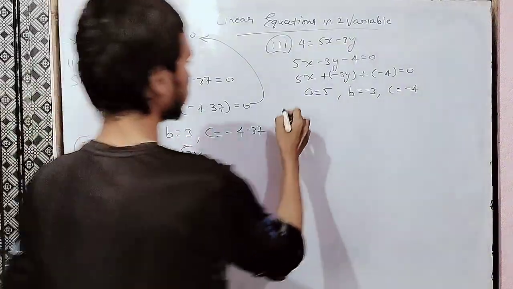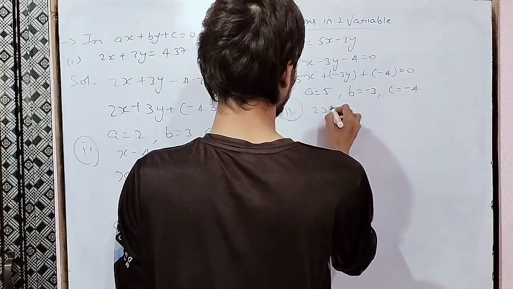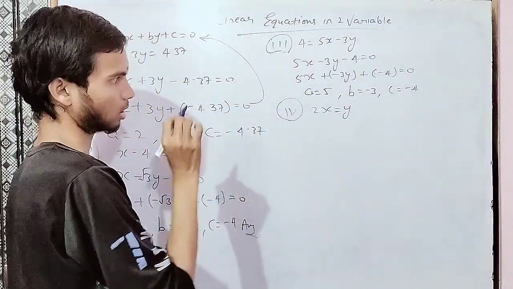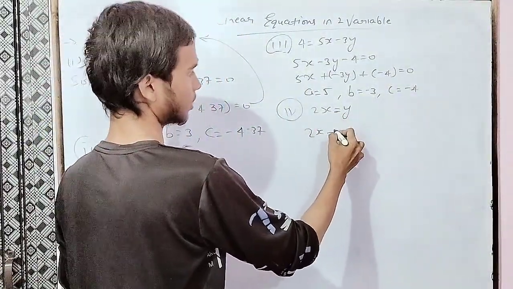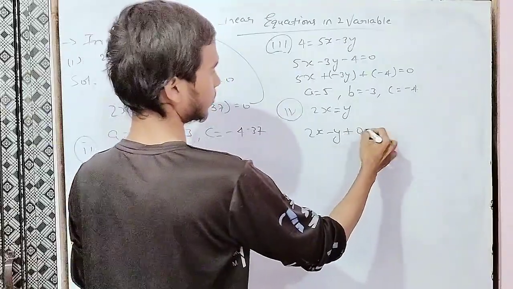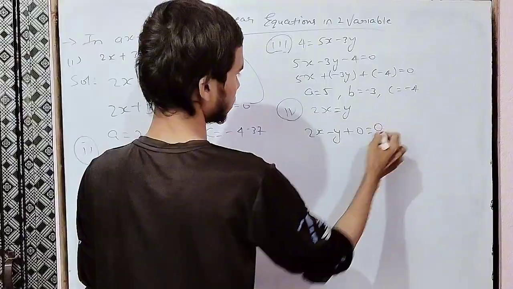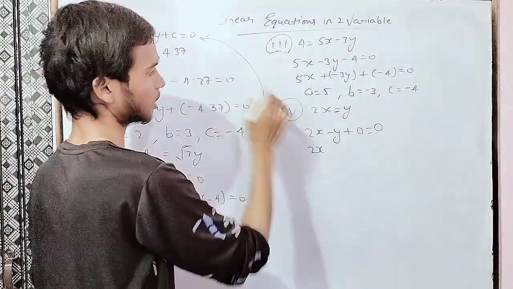The fourth one seems difficult, but it is not actually difficult if we observe carefully. Then 2x, this will come to this side, then it will be minus 1. We don't know the value of C, so in place of C we will put 0.